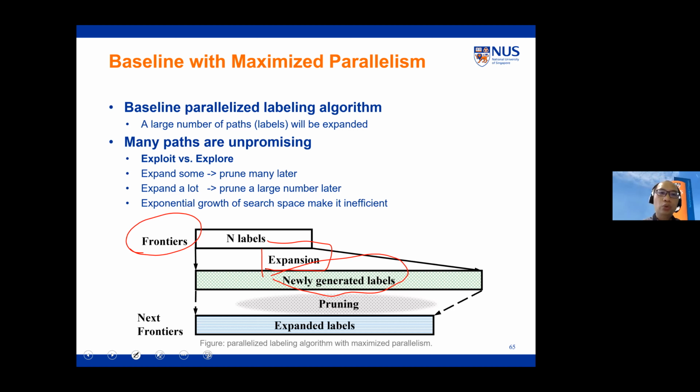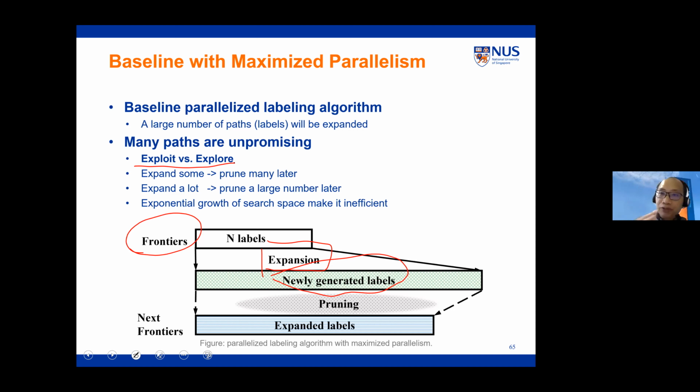In this process, you'll find that we have a problem of explore and exploit. What does it mean? Ideally, we can expand more labels at one time to take advantage of more parallelism.